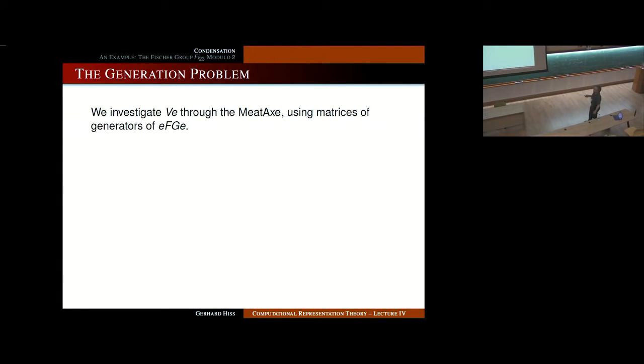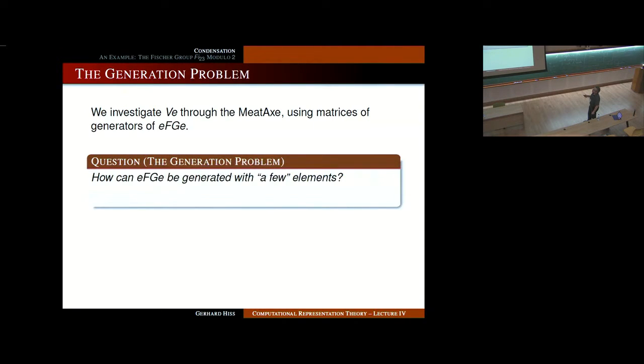So when we investigate a module, this module VE, we use matrices of generators of E. So how can we generate this algebra? This is the main problem. How can we be sure that the condensed matrices we compute generate this algebra in its action on the condensed module?